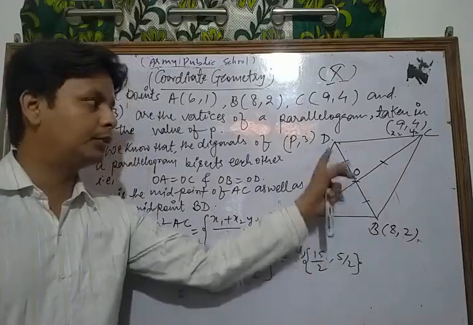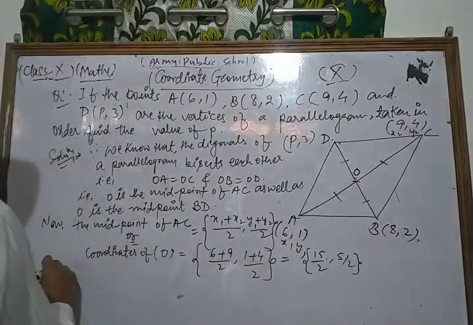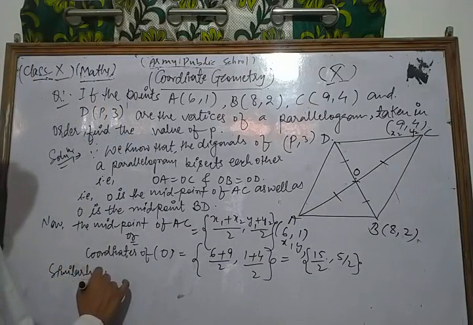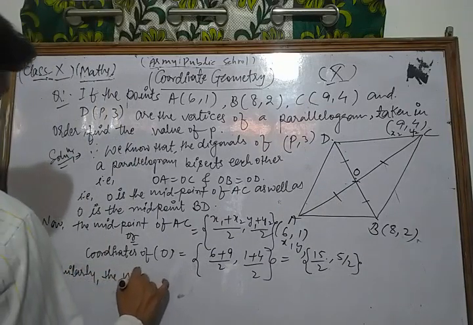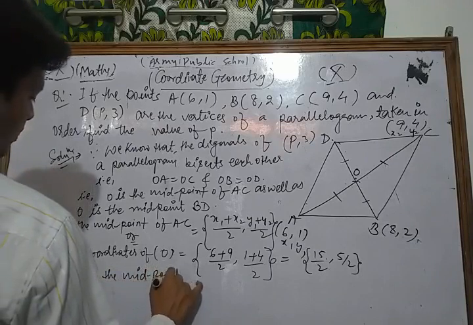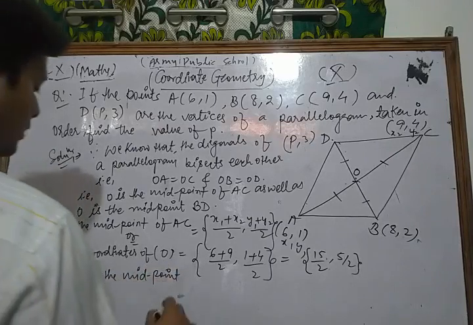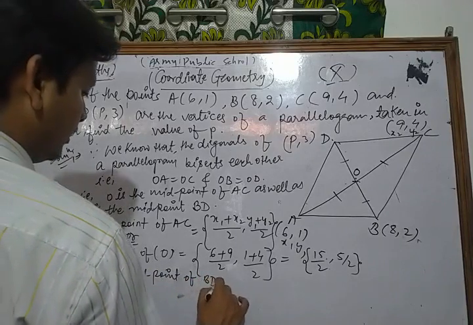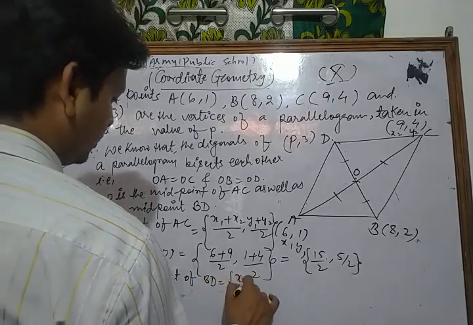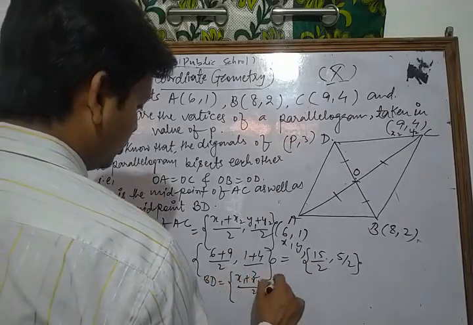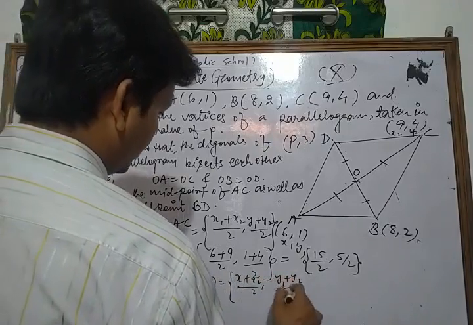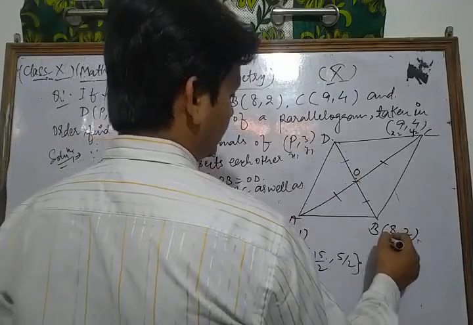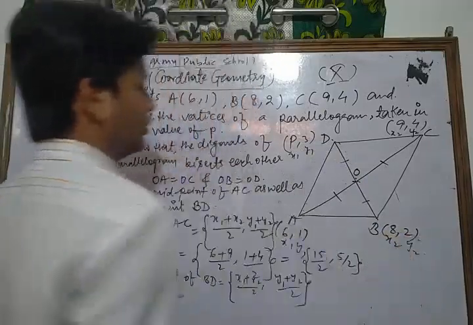Similarly, we find the midpoint of BD by using the formula x1 plus x2 upon 2, y1 plus y2 upon 2, taking these as x1, y1 and x2, y2.